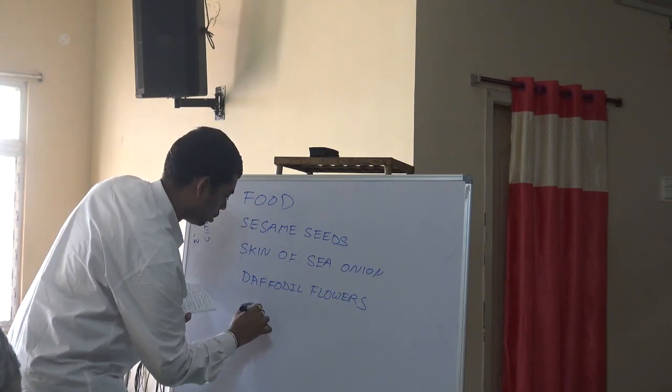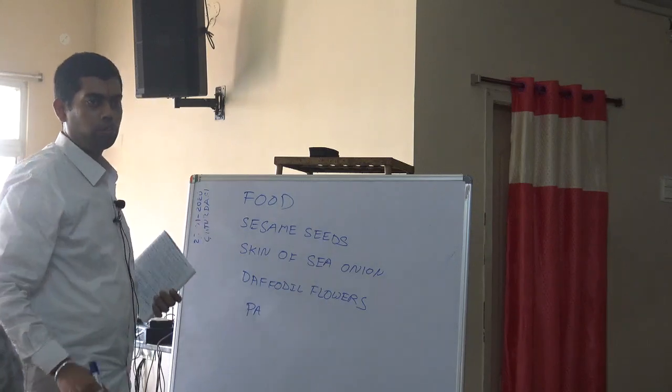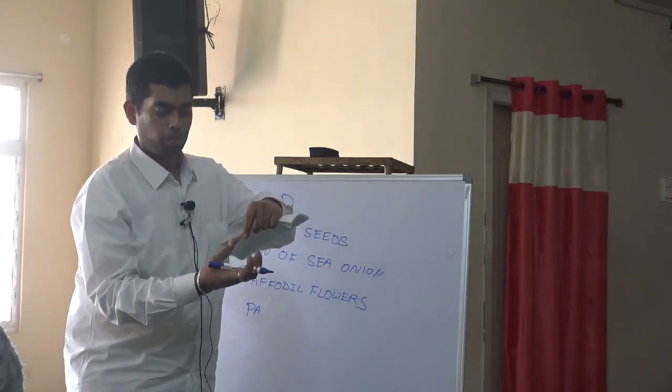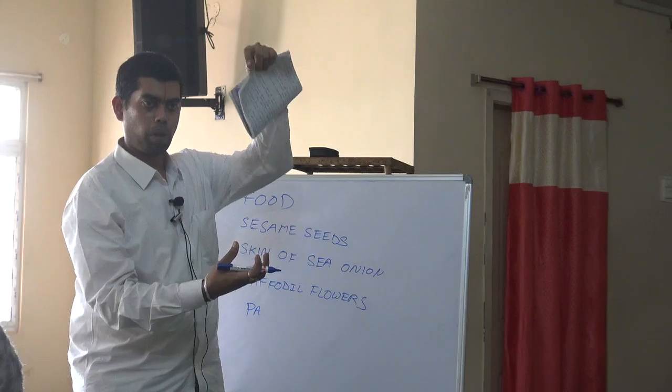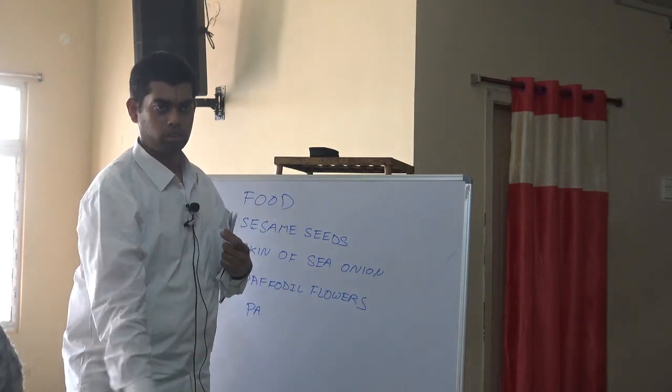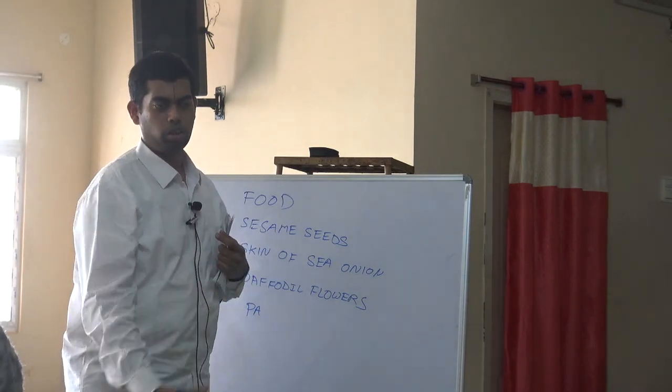What is sea onion? Sea onion means it is a kind of plant. From that sea onion plant will come up. This is not inside the earth.